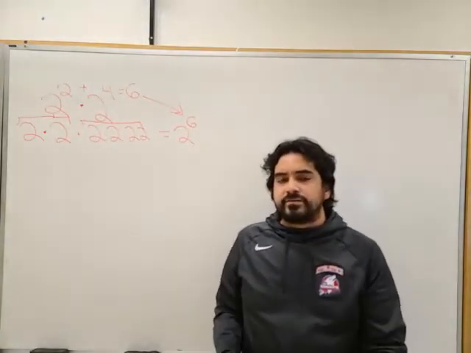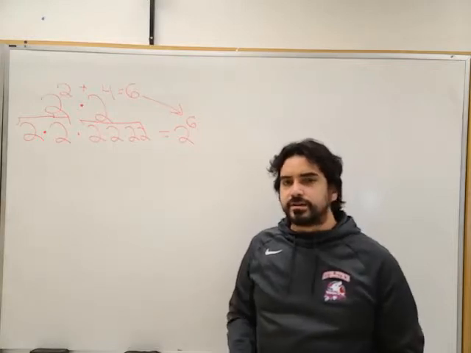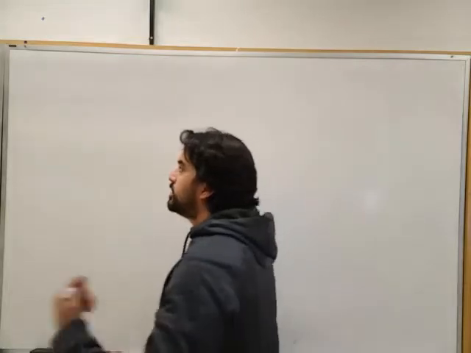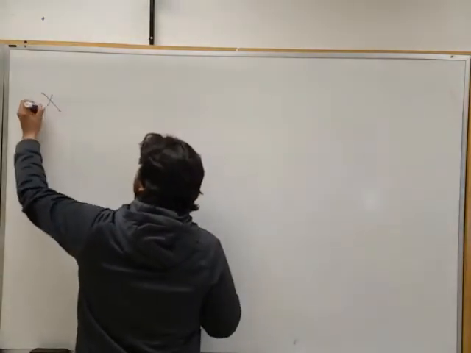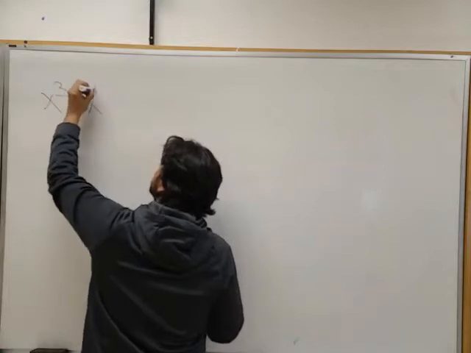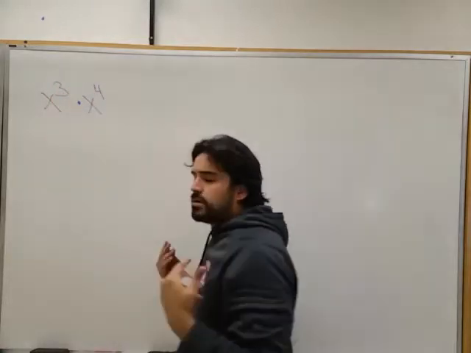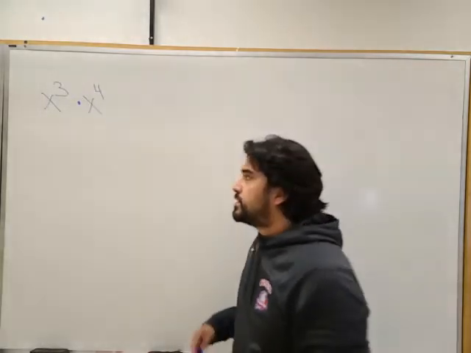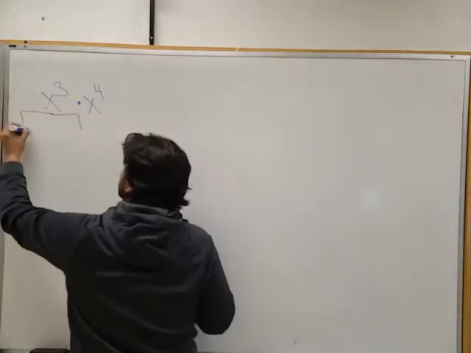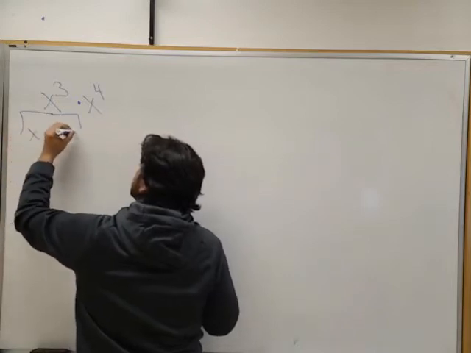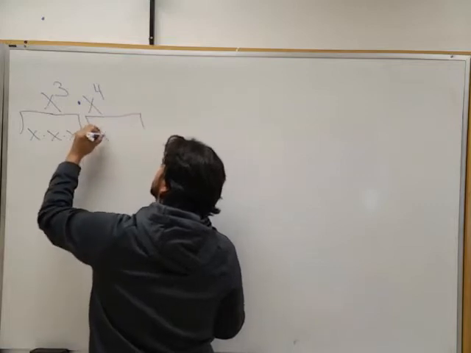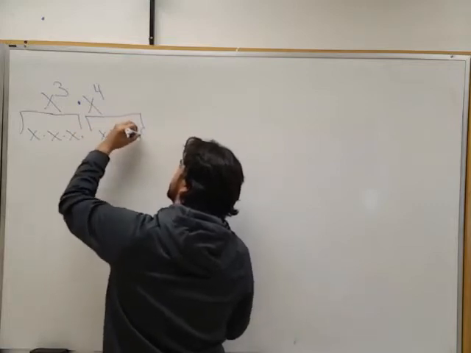Now, what about if we have variables? Let's go ahead and try it. All right, what do we have? x to the power of 3 times x to the power of 4. We could go ahead and expand it, which is x times x times x times, and this one has x times x times x times x.